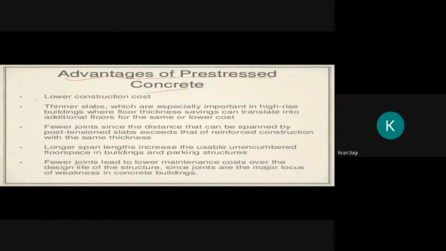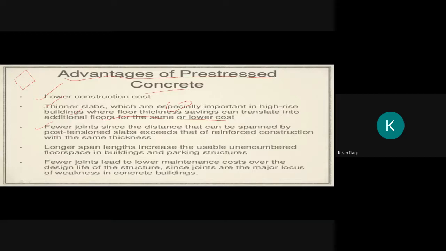Okay, lower construction cost. Thinner slab. Initially, I said that we will reduce the thickness of the members. Thinner slabs are especially important in high-rise buildings, where floor thickness savings can be translated into additional floors for the same or lower cost.